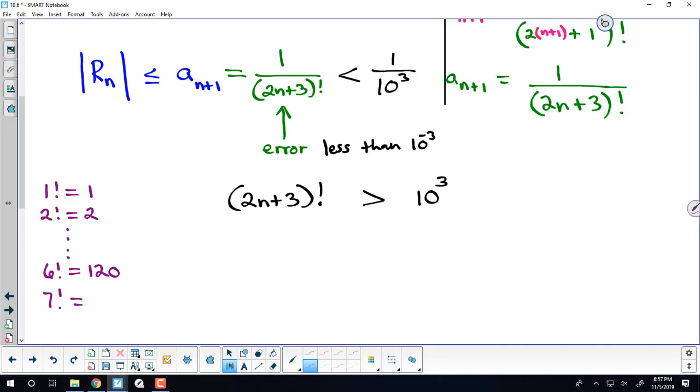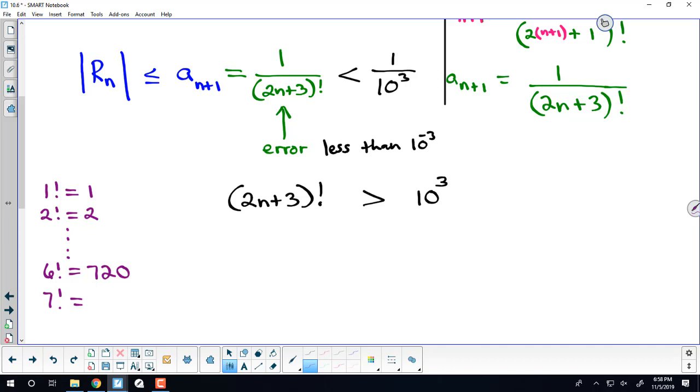It's 5 factorial. Oh, 5 factorial is 120. Yeah, 5 times 4 is 20 times 6. So 6 factorial is 6 times 120. 6 factorial is 720. 720 times 7 is 7 factorial.